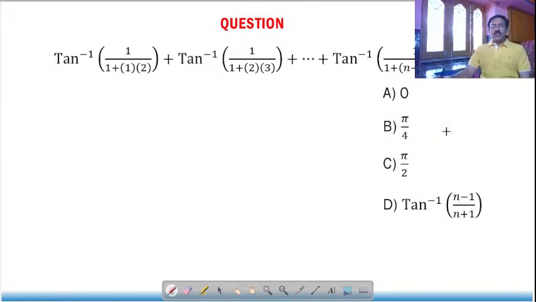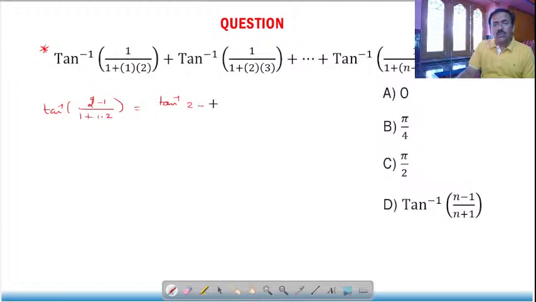In the same way, you see this question, friend. These kinds of questions are very important. Tan inverse of, you see, infinite series or sum to n terms will be given. So you can write it as tan inverse of 1 plus 1 into 2. You try to write 2 minus 1, which is tan inverse 2 minus tan inverse 1.